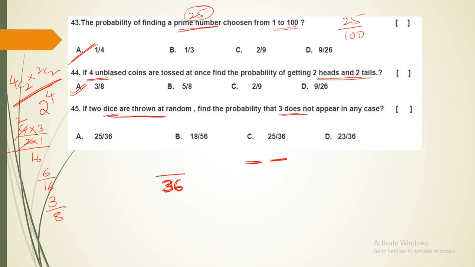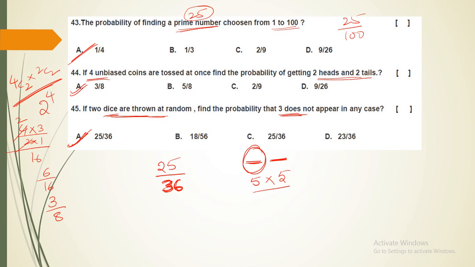On both the dice you should not get 3. For the first die, the possibilities are 1 to 6 other than 3, so there are 5 possibilities. For the second die also 5 possibilities. So 5 into 5 is 25, and the answer is 25 by 36.